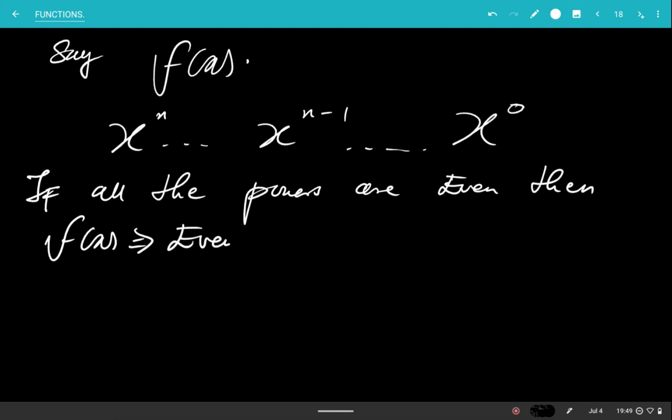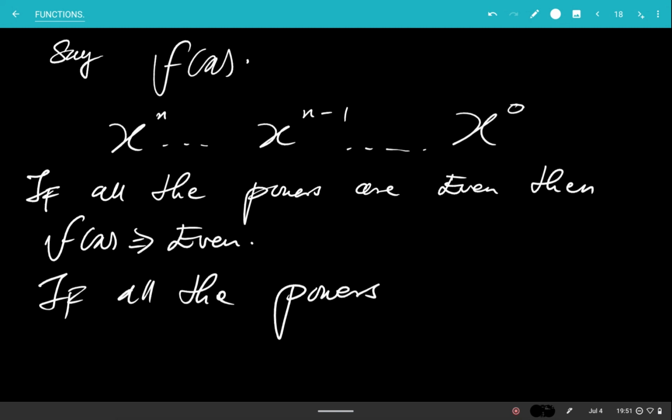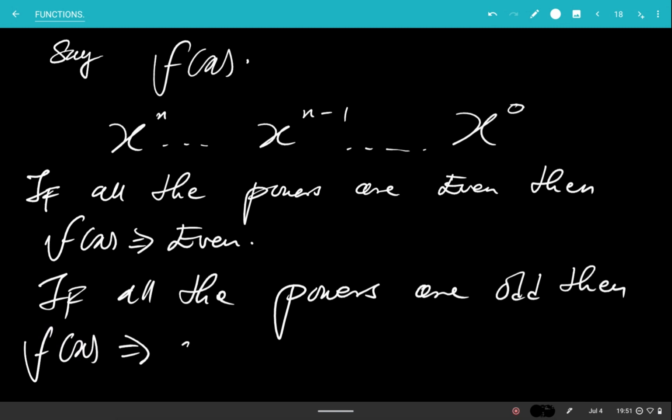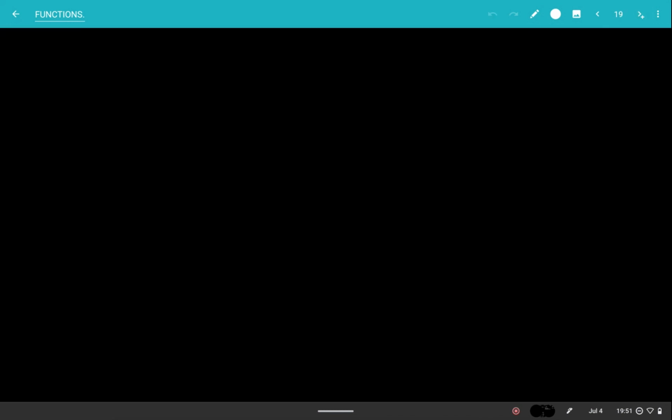Even. Even numbers too. But if all the powers are odd, then f of x will be said to be what? Odd. Odd numbers like 1, 3, and 5. I guess most of us know what even numbers are. Alright, so let us understand this with an example.